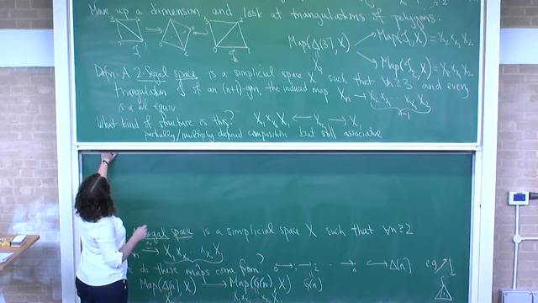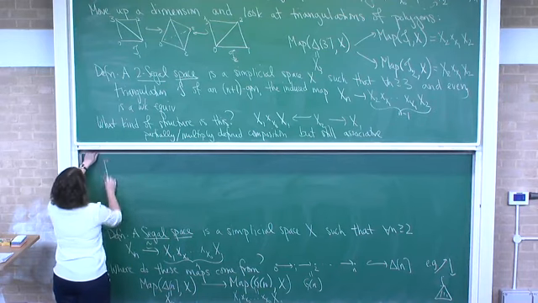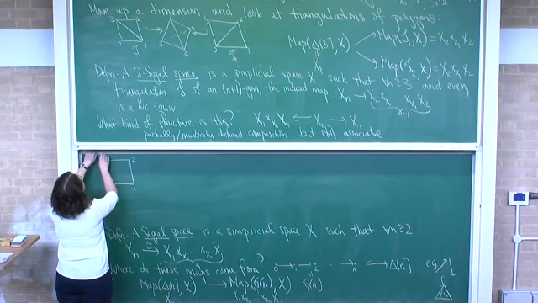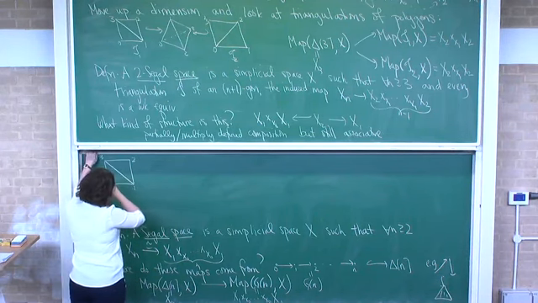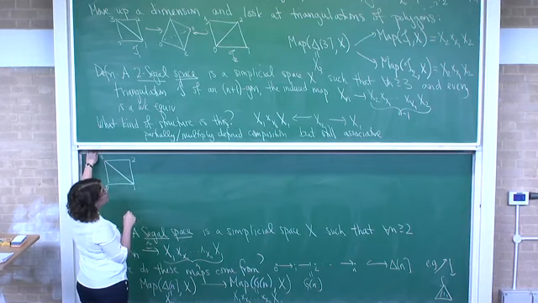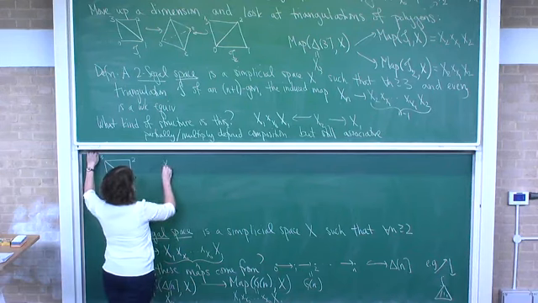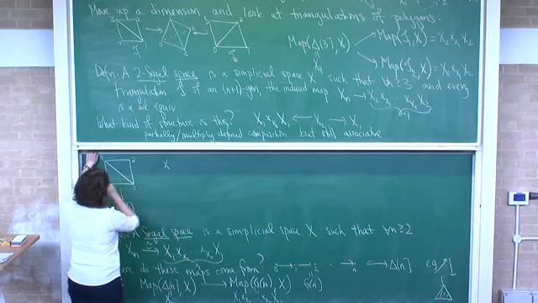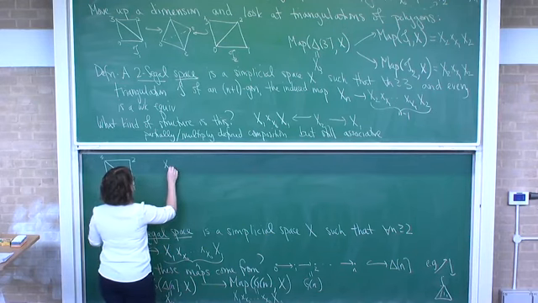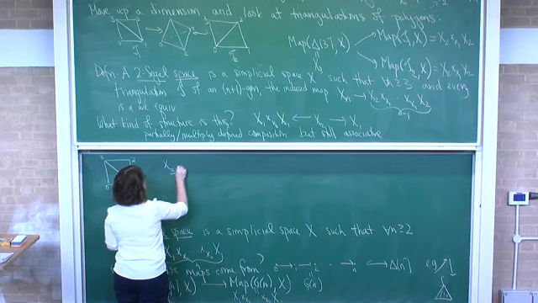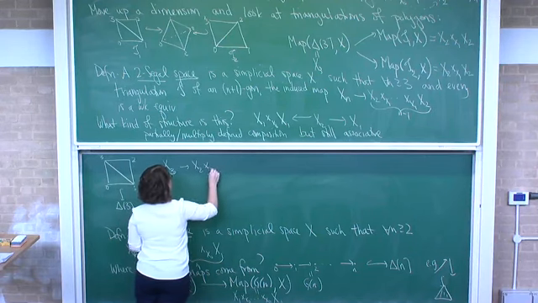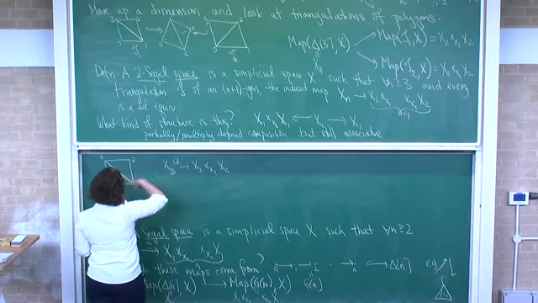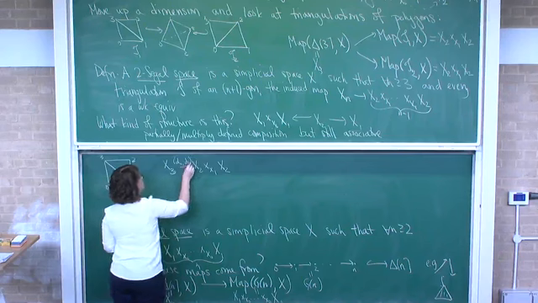So if you look at, let's say this T1 here. So the maps here, so we'd be looking at, so I'm including this into delta 3. So my two maps here would be given by D0 and D2.